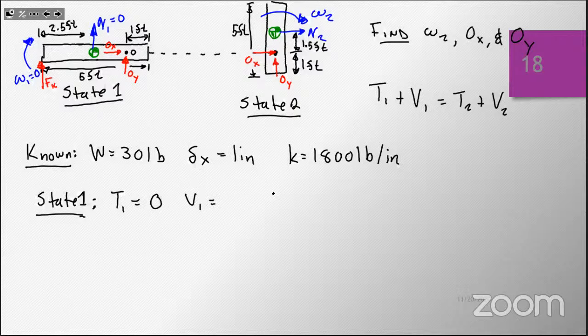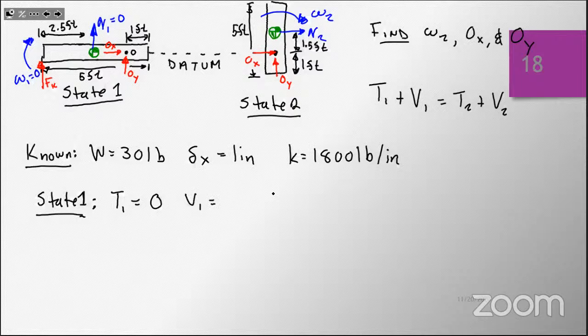Well, have I shifted off of my datum at all? Remember, this is my datum right here. Potential energy due to gravity is measured from some point, which is arbitrary and which we can pick. What are we measuring?